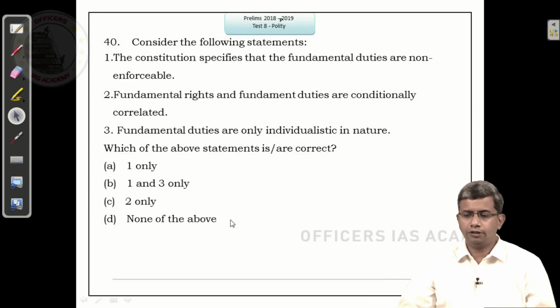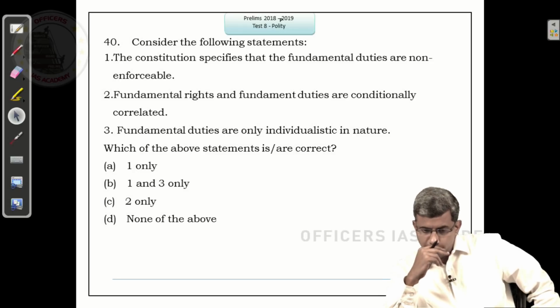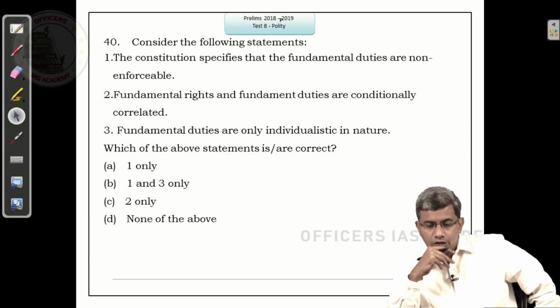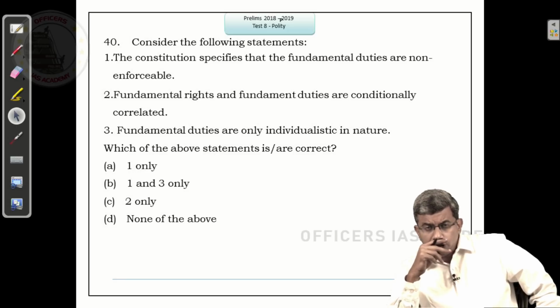Consider the following statements. The Constitution specifies that the fundamental duties are non-enforceable. Fundamental rights and fundamental duties are conditionally correlated. Fundamental duties are only individualistic in nature. Which of the above statements are correct? Constitution, does it specify that fundamental duties are non-enforceable?